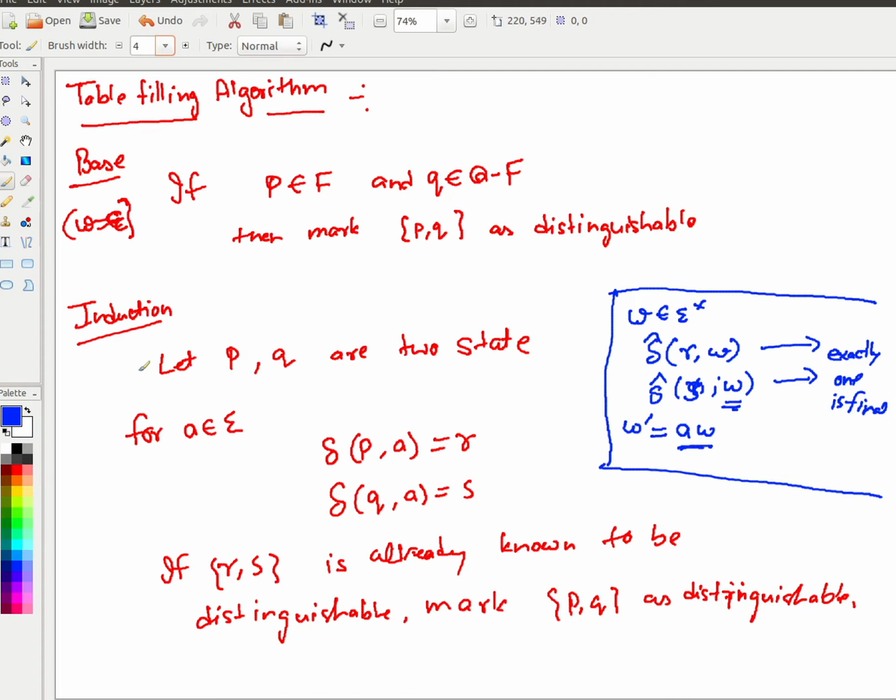When you find the value of delta cap P W dash, it will bring you here, and whatever is the value of delta cap Q W dash, it will bring you here, and you know that of the same states exactly one is final. So therefore, if W is distinguishing R and S, AW is going to distinguish P and Q. So is this part clear? Does anyone have any doubt in this?